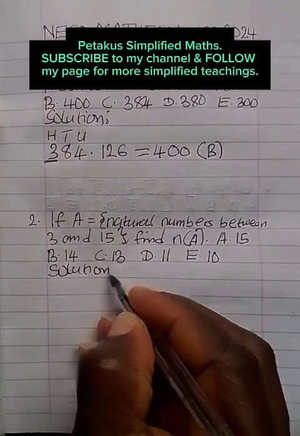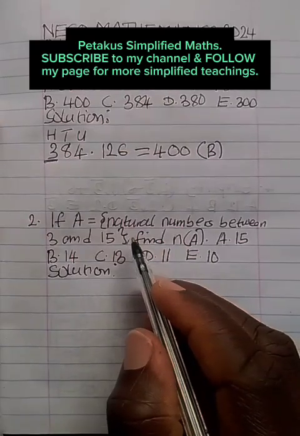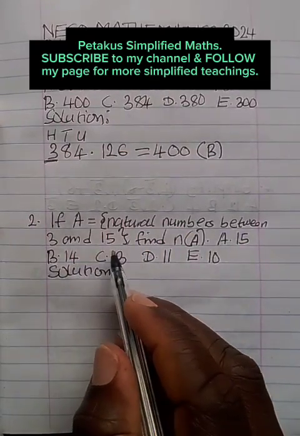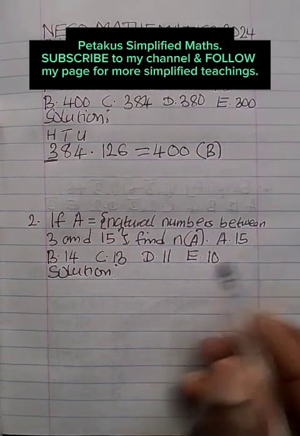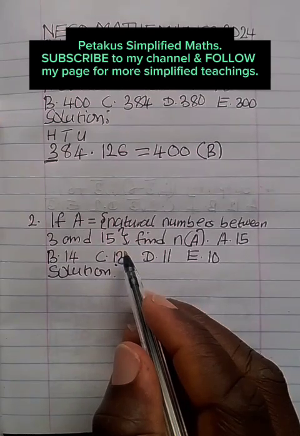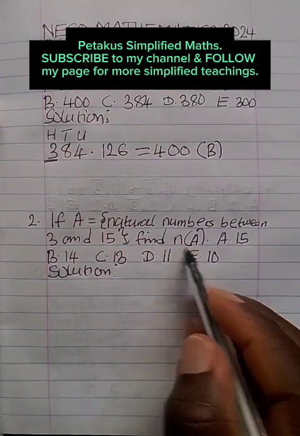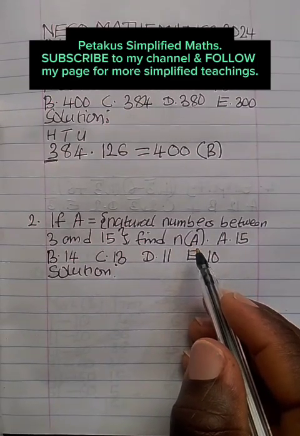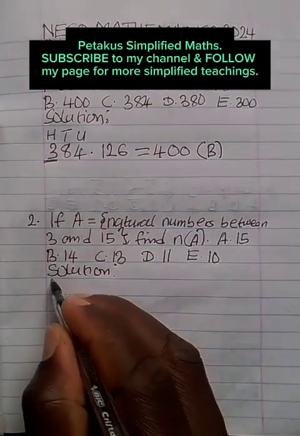If A is a set equal to natural numbers between 3 and 15, between, which means 3 and 15 are not inclusive, find the number of elements in set A. Okay, we have solution.